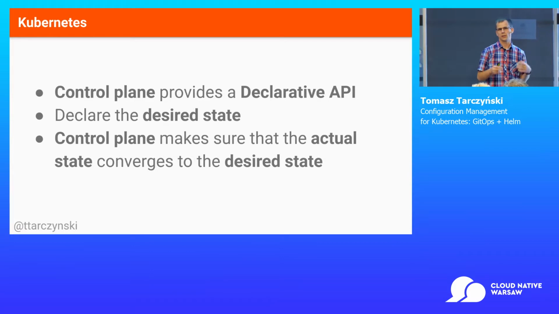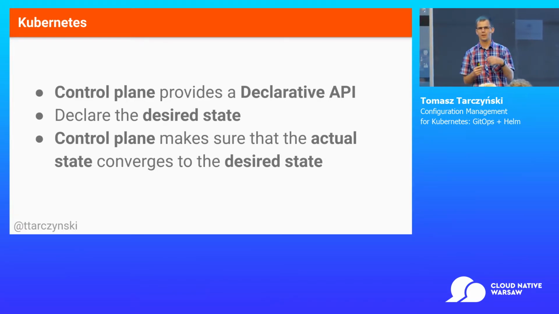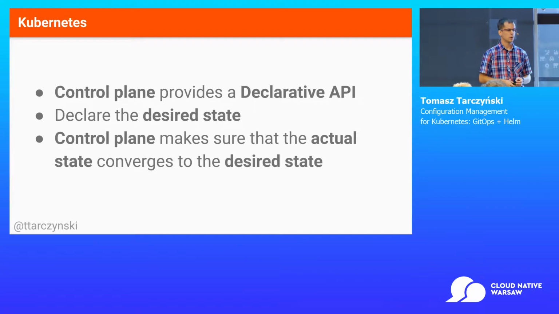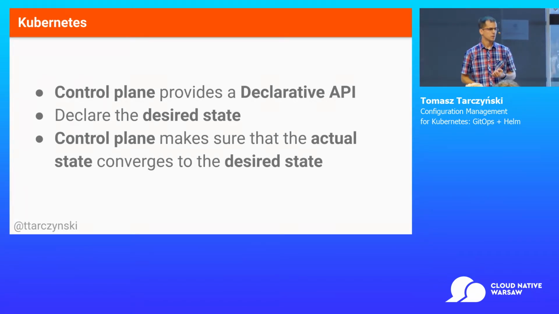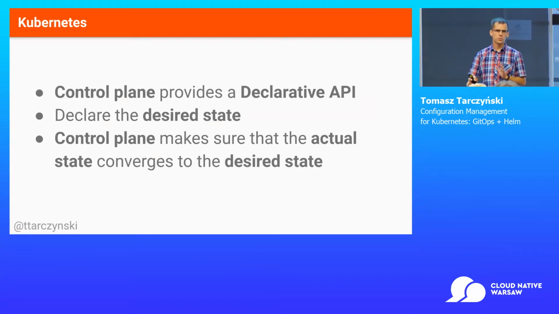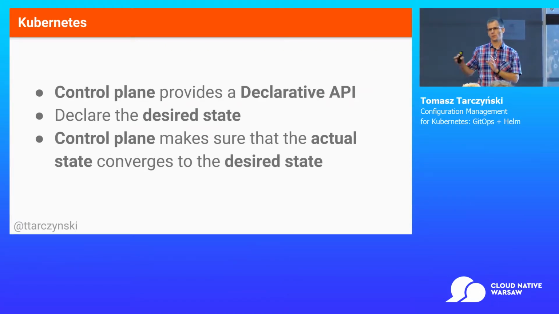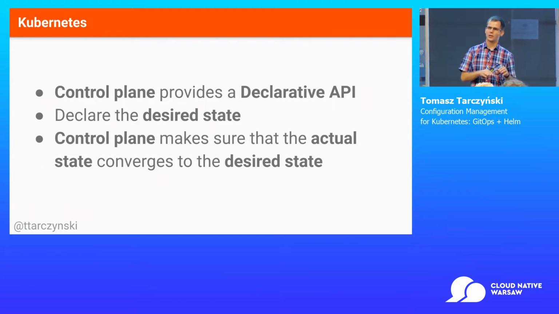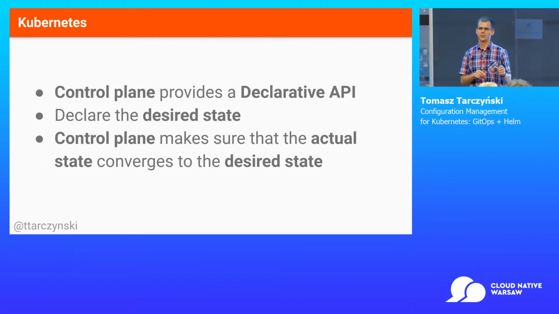So we are already able to declare the desired state, and we've got this Kubernetes machinery to make the system converge to it. So we would think that quite a big part of the configuration topic is already covered by Kubernetes itself.